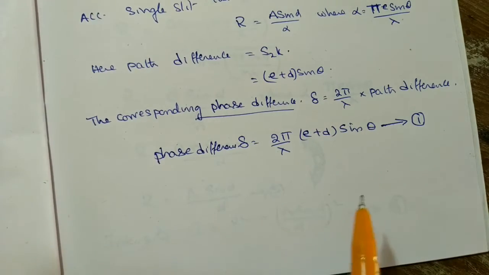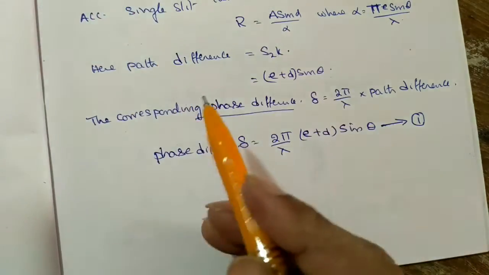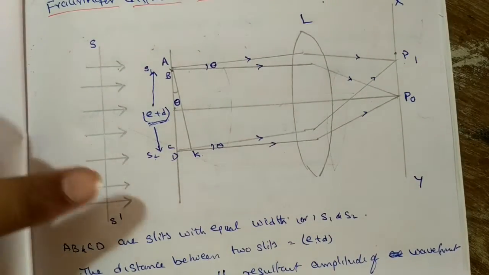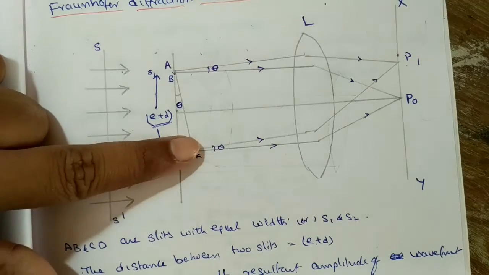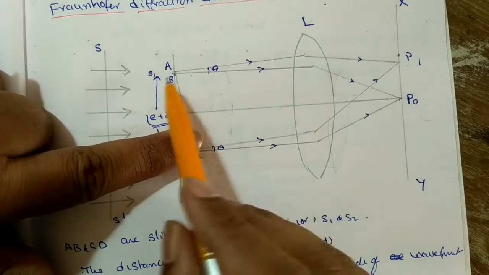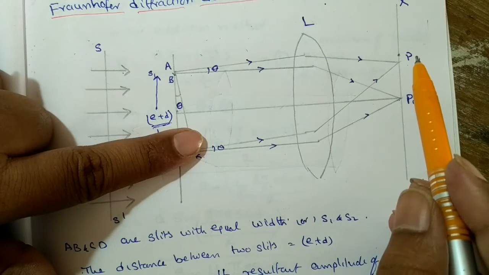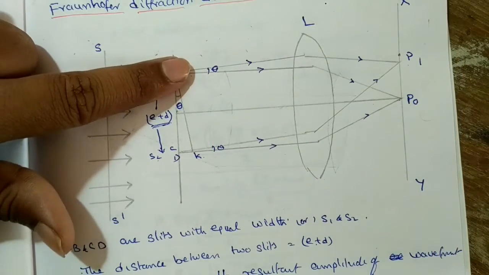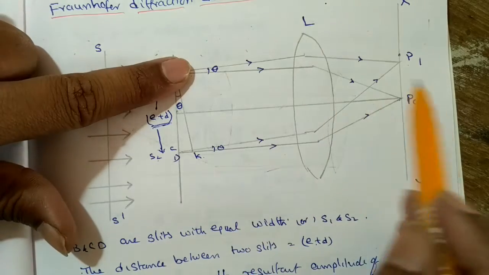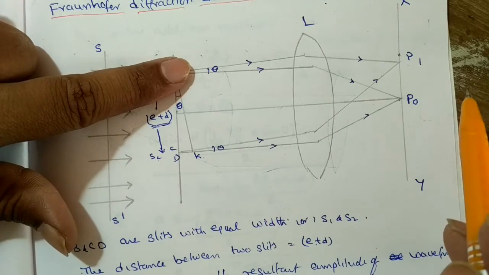Now, coming to this situation, if I close this slit, the pattern will be like a single slit. If I close the other slit, this pattern also gives a single slit.